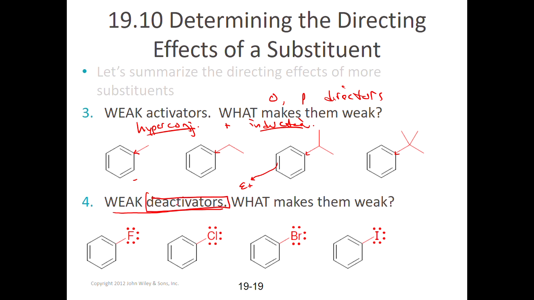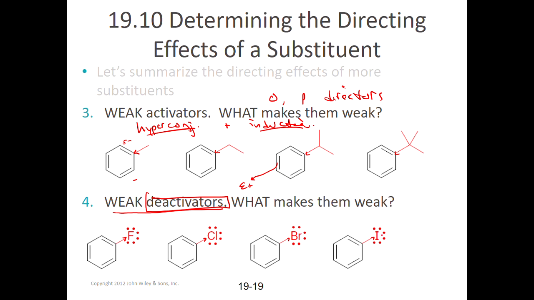The deactivators deactivate because they withdraw electrons from the ring. Right, so the activators push electron density in there and create some partial negative. And that helps to stabilize the partial positive that forms when the electrons swing out to pick up the electrophile.